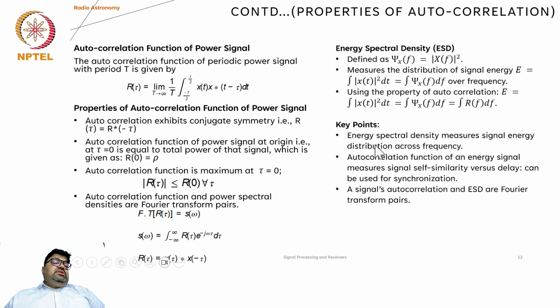So the major points to learn from this slide: energy spectral density measures signal energy distribution across frequency. The autocorrelation function of an energy signal measures signal self-similarity versus delay and can be used for synchronization. A signal's autocorrelation and ESD are Fourier transform pairs.